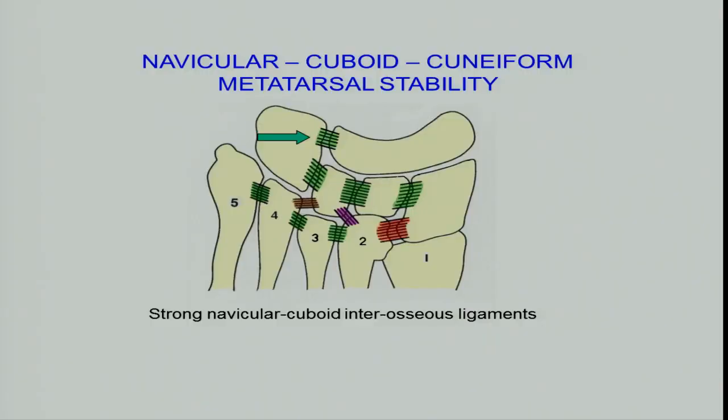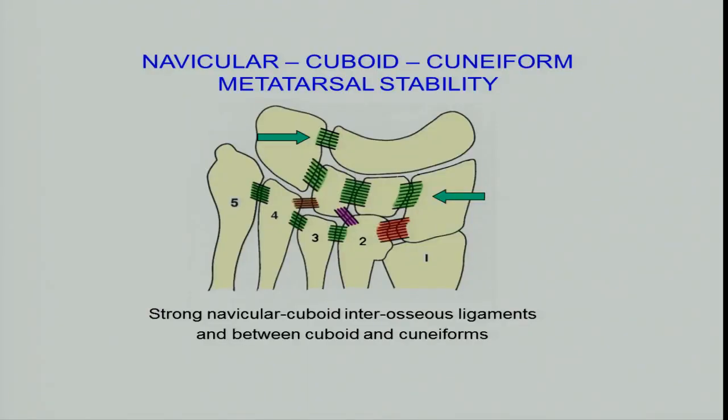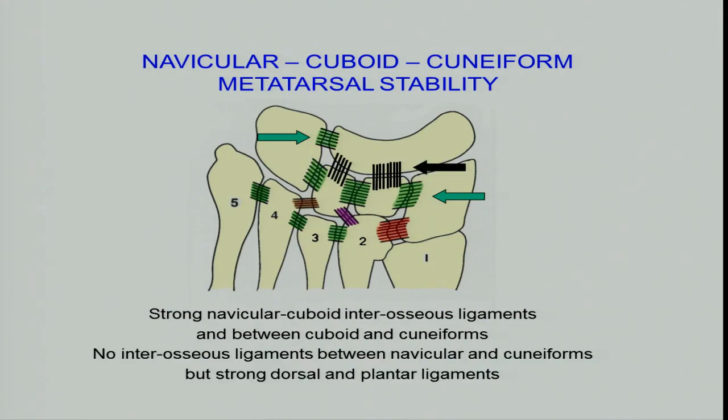And if you look at the descriptions, there are strong navicular cuboid interosseous ligaments, and between the cuboid and the cuneiforms, between the proximal row of the navicular and the intermediate and the lateral cuneiform, strong dorsal plantar ligaments. And the base of the second is firmly held in an intercuneiform recess and surrounded by interosseous ligaments.